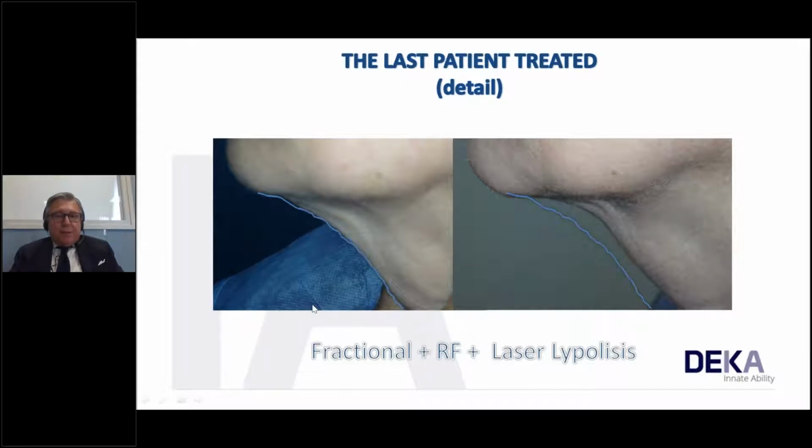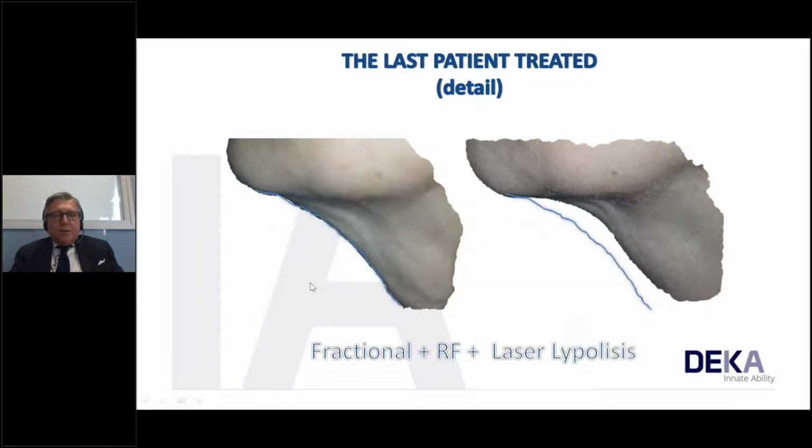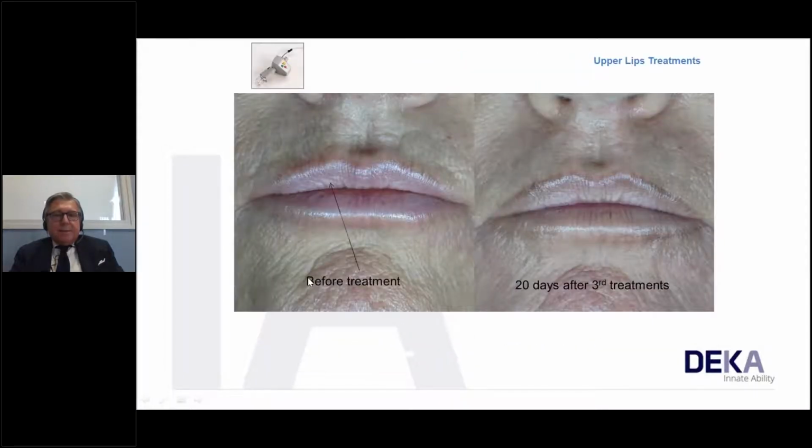You see the results. The blue line indicates the original position of the laxity of the skin, and then after the procedure, 3 or 4 months out from the treatment. Of course, in this case, the platysma must not be relaxed.